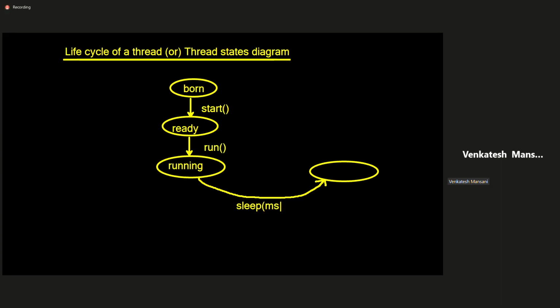You have to pass milliseconds, and it will sleep. Sleeping state. So if you set some time interval, the thread will sleep. After the time interval, automatically it will start again. Again it is ready, it will run.